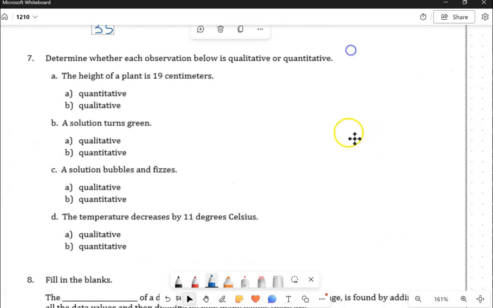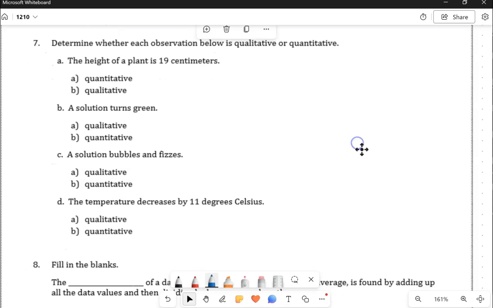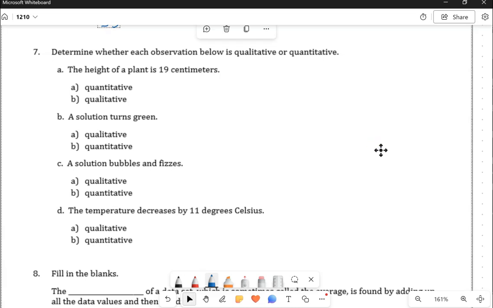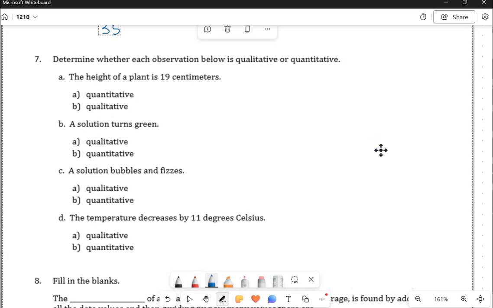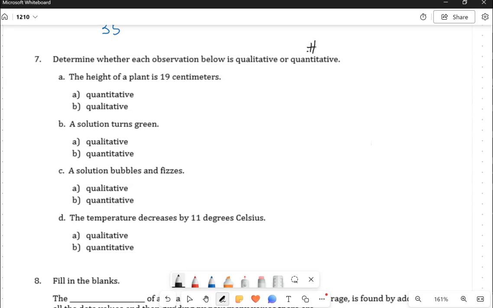Number 7. Determine whether each observation below is qualitative or quantitative. Now in general, quantitative is number and qualitative is like adjective. Red, blue, yes, no, etc. The height of a plant is 19 centimeters.